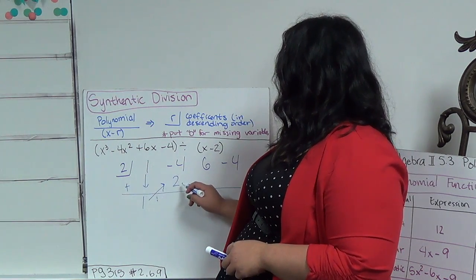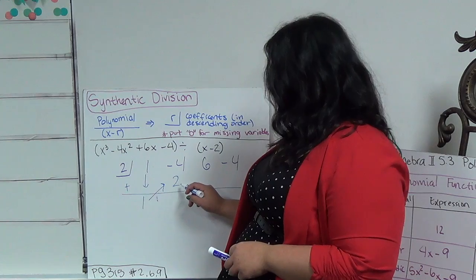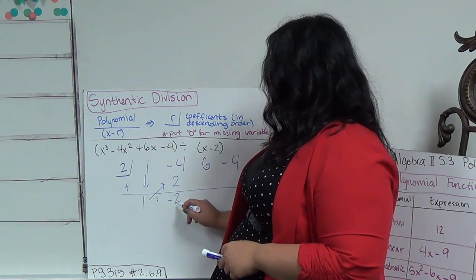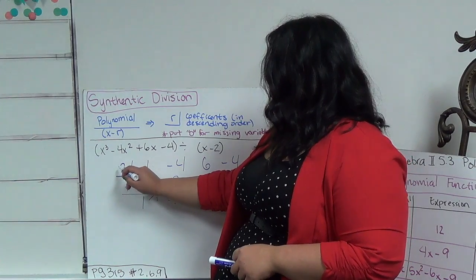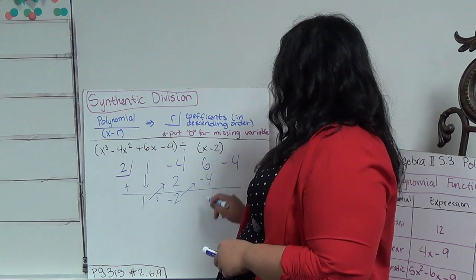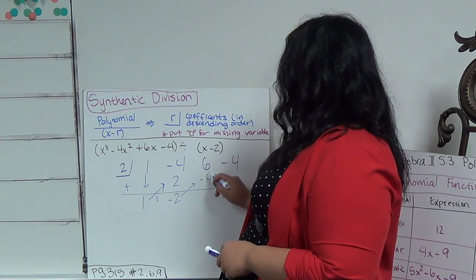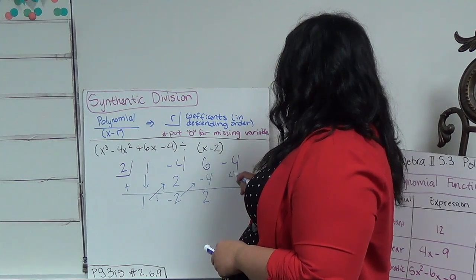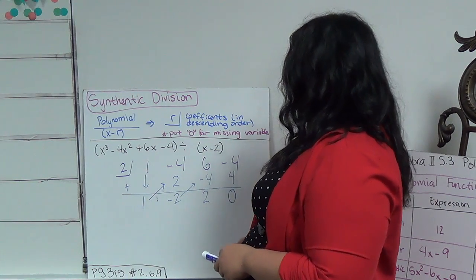So negative 4 plus 2 is negative 2. Then I multiply this by this: 2 times negative 2 is negative 4. And I add this to 6, which gives me 2. Then 2 times 2 is 4, and I add it, which gives 0.